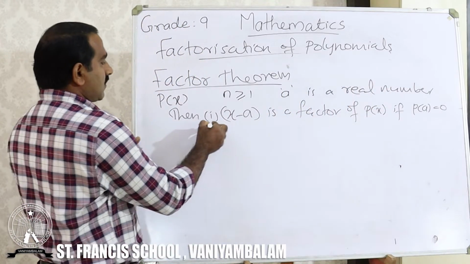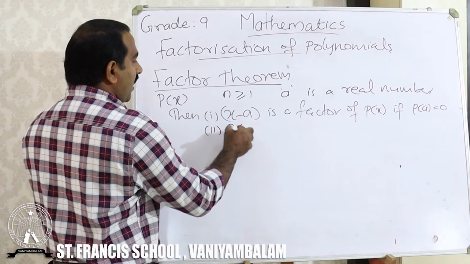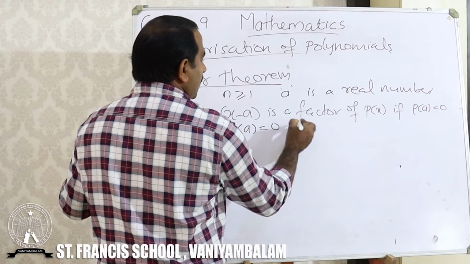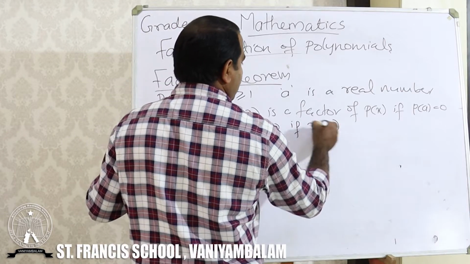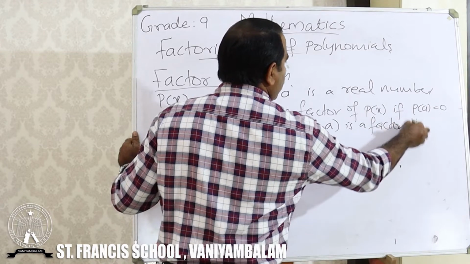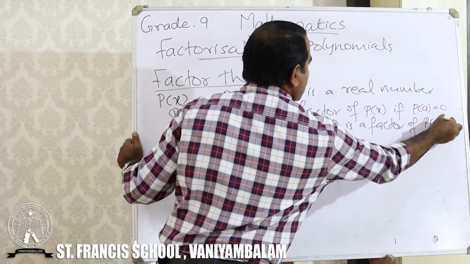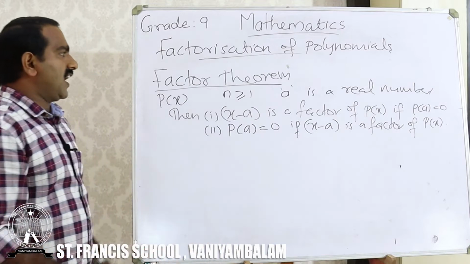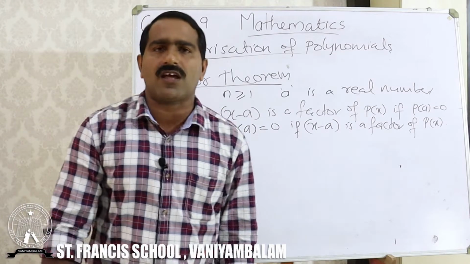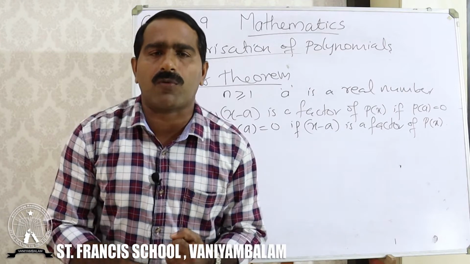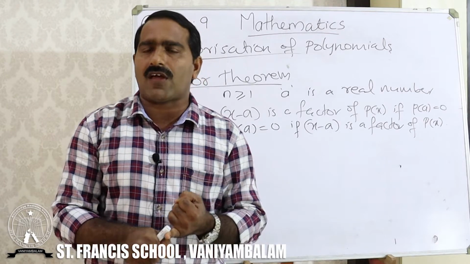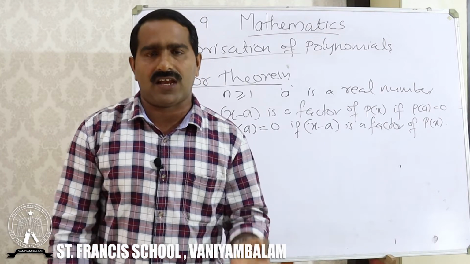Then second, P of a equal to 0 if x minus a is a factor of P of x. So there are two conditions. This is the statement of the factor theorem. Once again, factor theorem says that P of x is a polynomial of degree n, that is greater than or equal to 1, and a is any real number.